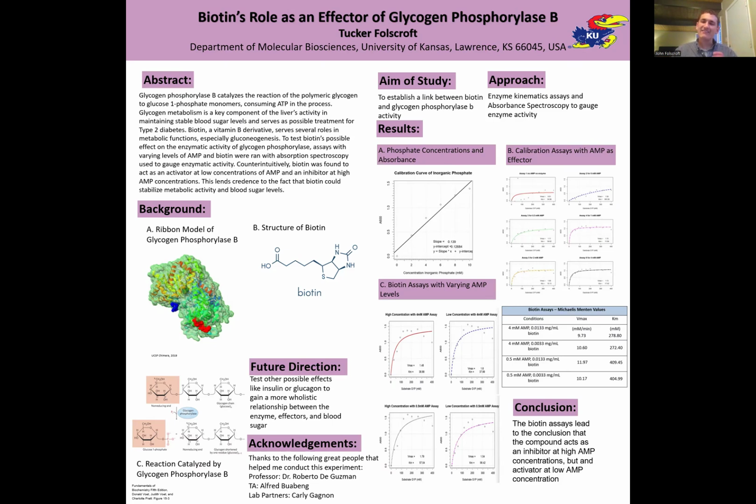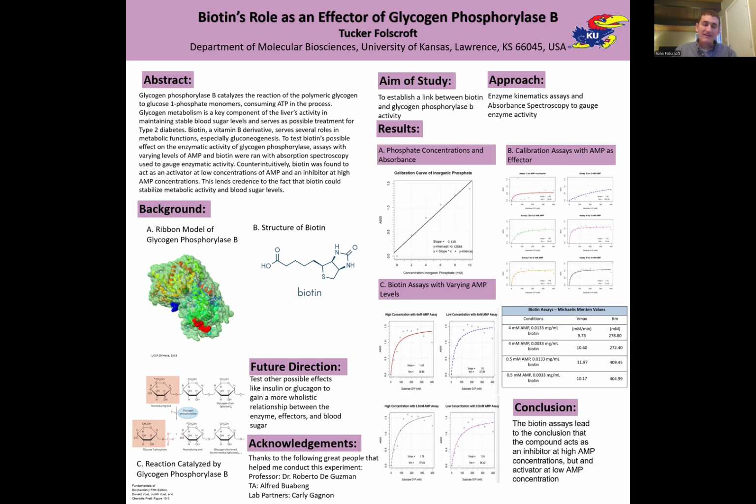However, due to the small margins between the Vmax calculated from our graphs, with all the Vmaxes reaching around 9 or 10 millimolars per minute, it's very difficult to differentiate and find a tangible effect without statistical and error analysis of biotin's activity and effects on glycogen phosphorylase B. So my initial conclusion is that biotin served as an inhibitor of the enzyme at high AMP levels, but served as an actual activator of glycogen phosphorylase B at low AMP levels.